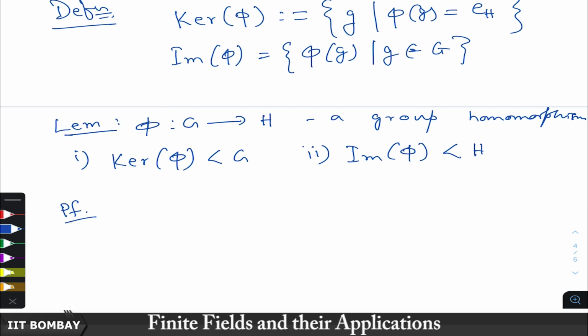First of all, the kernel is a non-empty set. It is a subset of G which is non-empty.